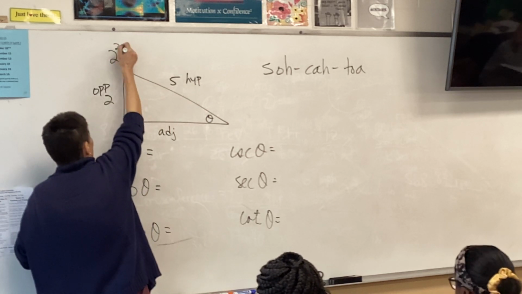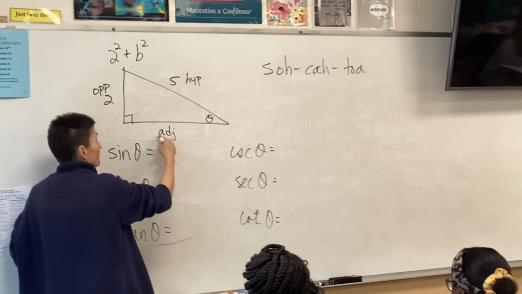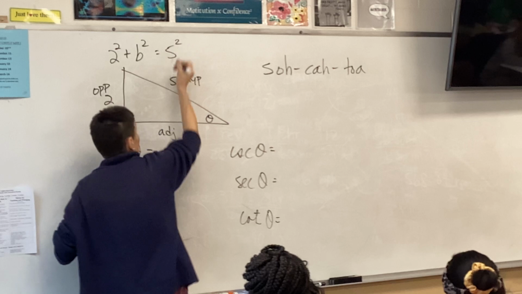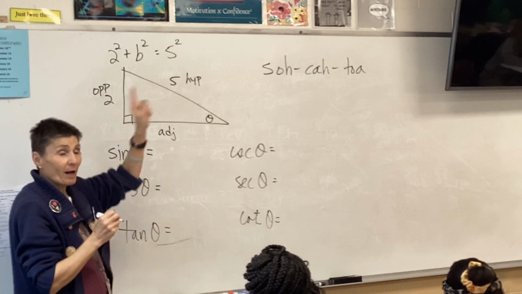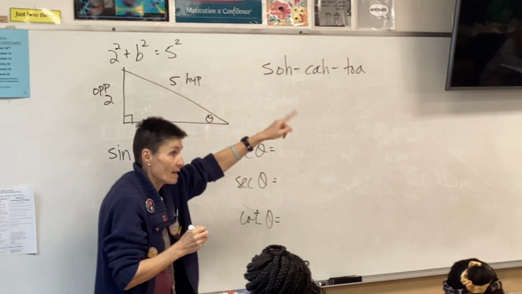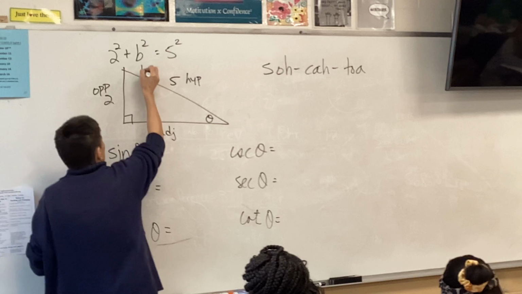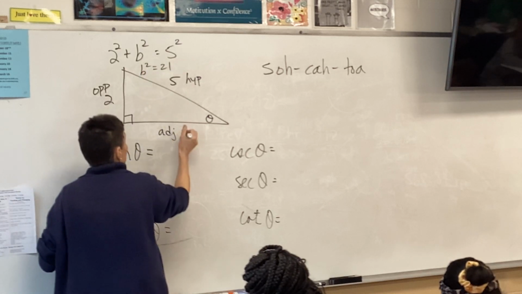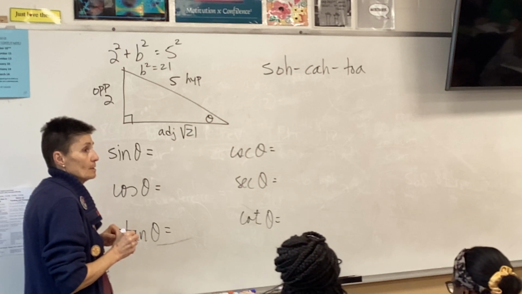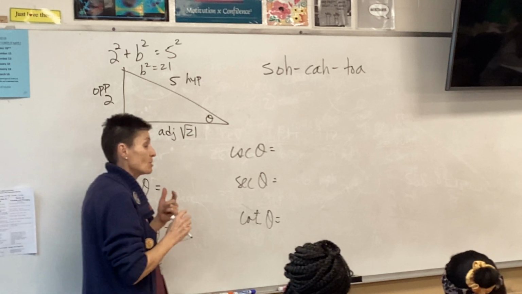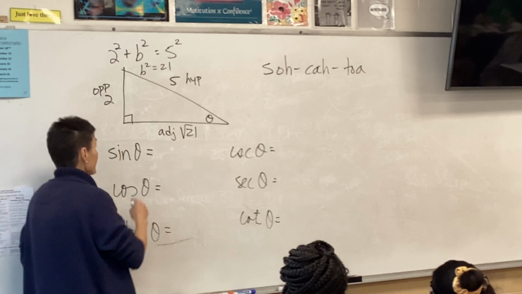So 2 squared plus b squared, I don't care what you call this, equals 5 squared. The 5 is the hypotenuse, so it's got to be over there by itself. It's c squared. So b squared is going to be 21, so b is root 21.